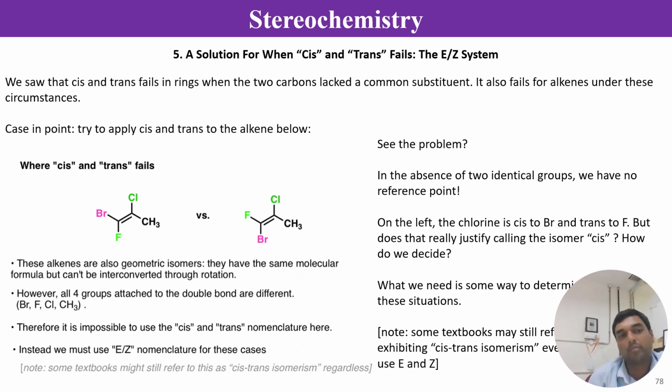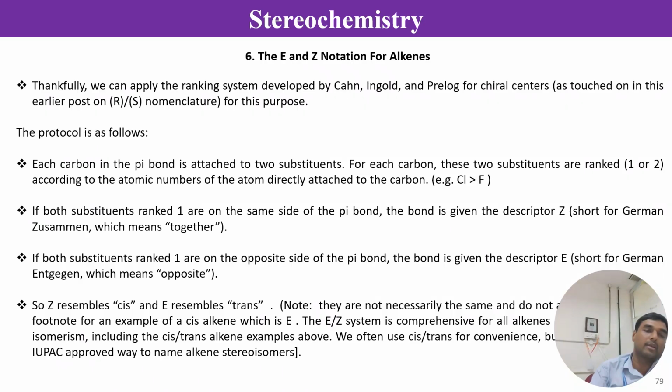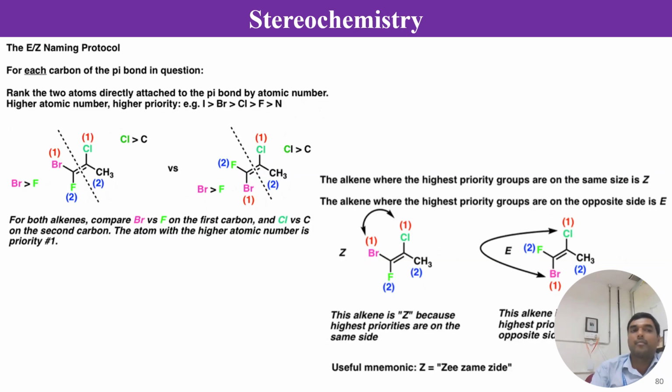So basically, bromine and fluorine, bromine having higher atomic number, fluorine and methyl, fluorine will have higher atomic number, so it is a Z. So therefore it is impossible to use cis-trans, either E for anti and Z for the same side. So in this nomenclature we can see that chlorine and methyl 1 and bromine and hydrogen 1. So basically they are the Z isomer.